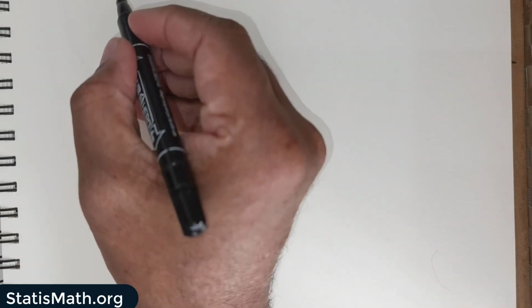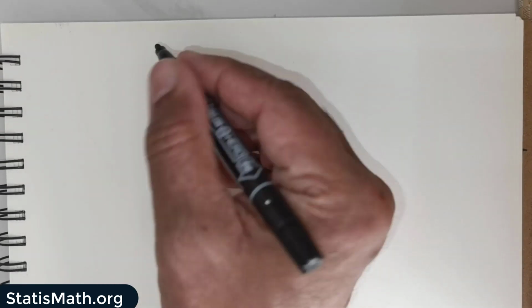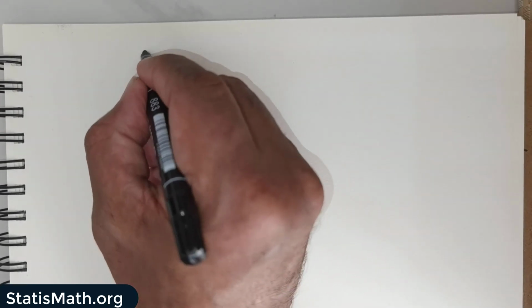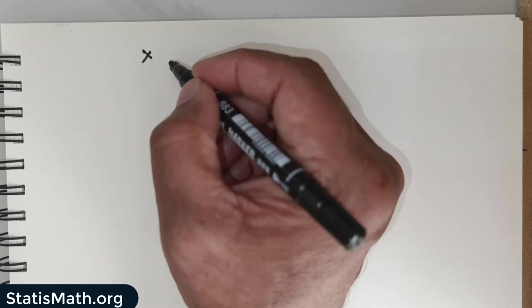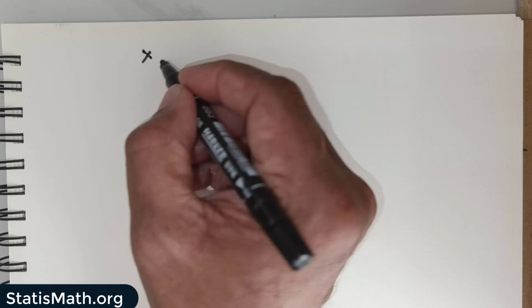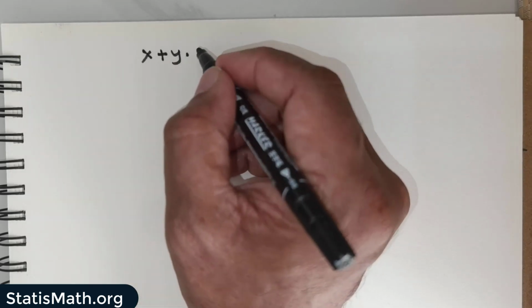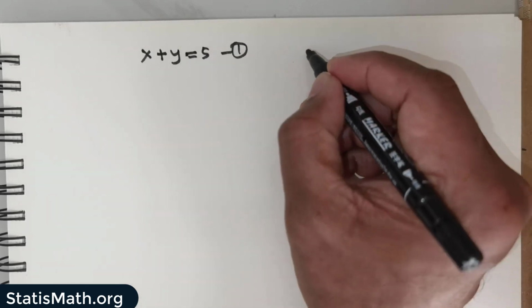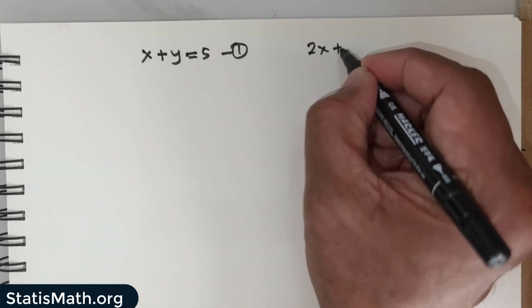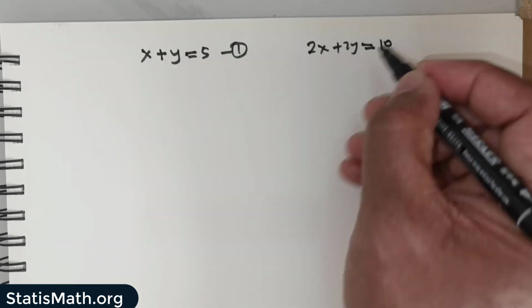Before we head on to the next question, if they're asking us to draw the graph and show that the system is consistent, then we need to draw the graph. So we have the first system, x + y = 5. This is equation 1. The next one is 2x + 2y = 10.